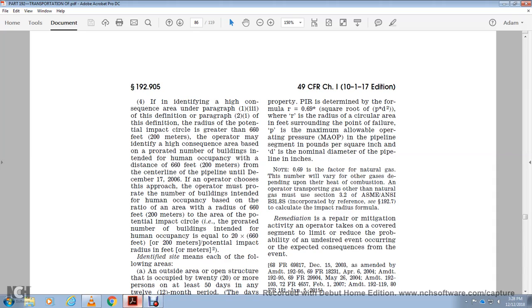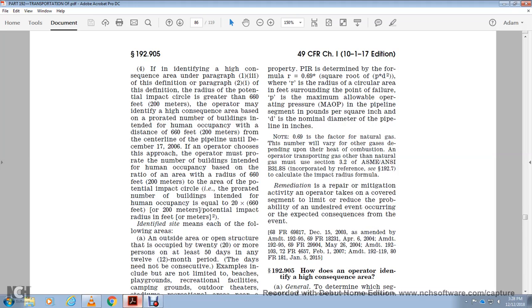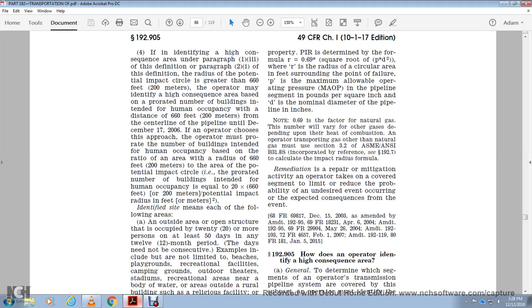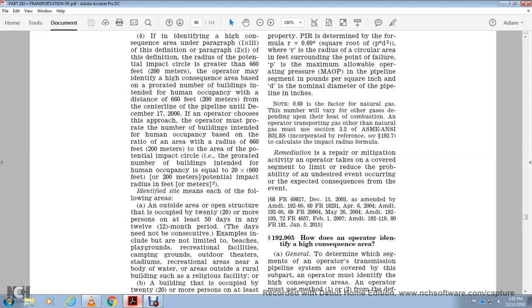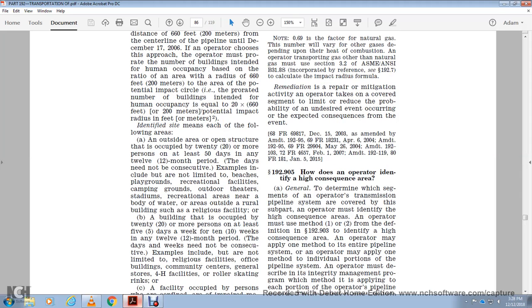The identified site means the following areas: an outside area or open structure occupied by 20 or more persons on at least 50 days in any 12-month period. The days need not be consecutive. Examples include, but are not limited to, beaches, playgrounds, recreational facilities, camping grounds, outdoor theaters, stadiums, and recreational areas near a body of water. Also, a building that is occupied by 20 or more persons on at least 5 days a week for 10 weeks in any 12-month period, where the days of the week need not be consecutive.